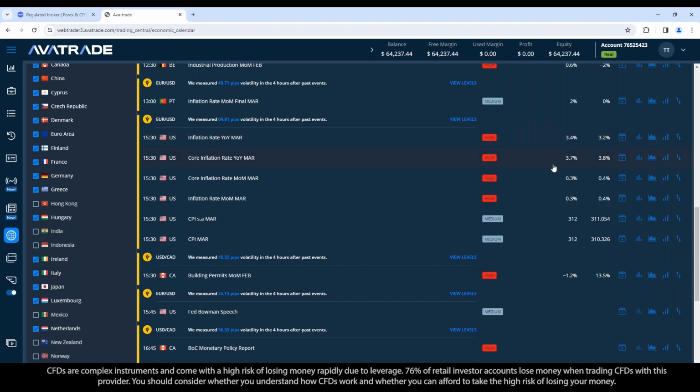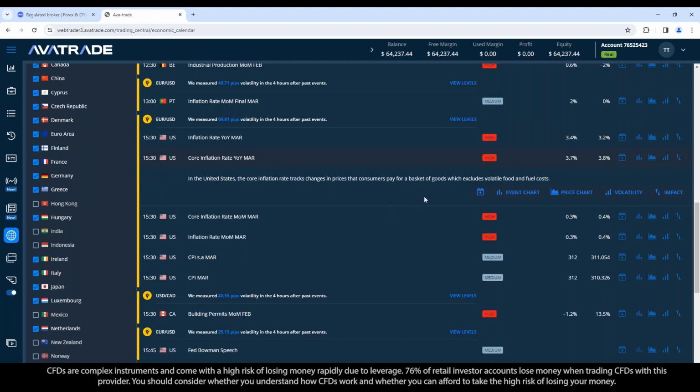And we could also look at the core inflation rate rather than just the plain inflation rate. Core inflation rate factors out energy. If we look here, it excludes volatile things like food and energy, food and fuel costs. If you factor those out, inflation is actually expected to tick down slightly, but not much, even when factoring those out.